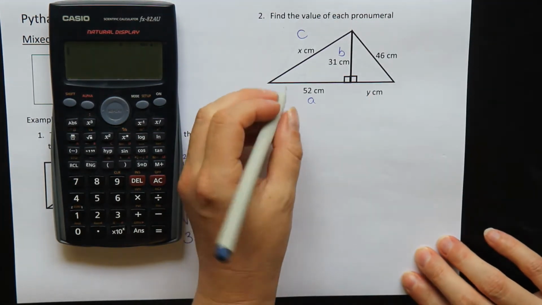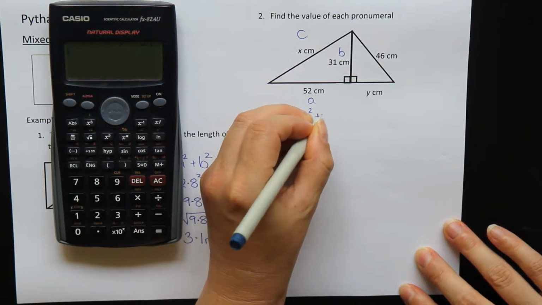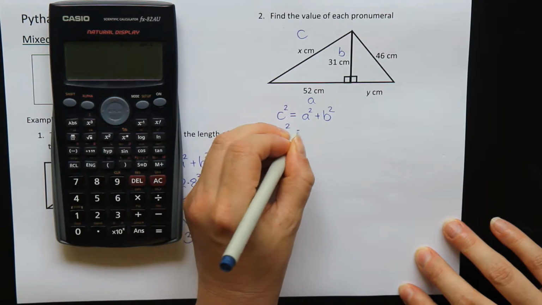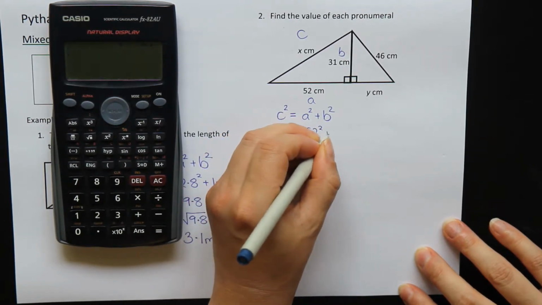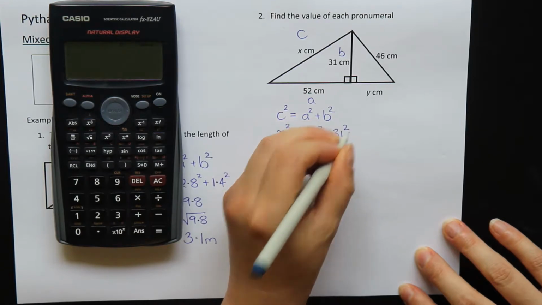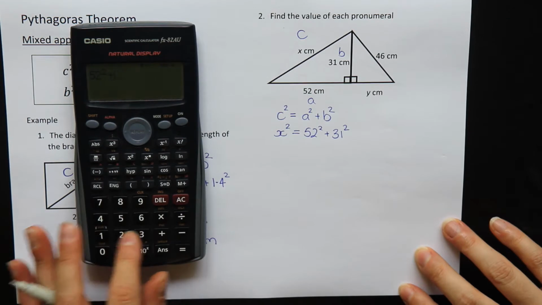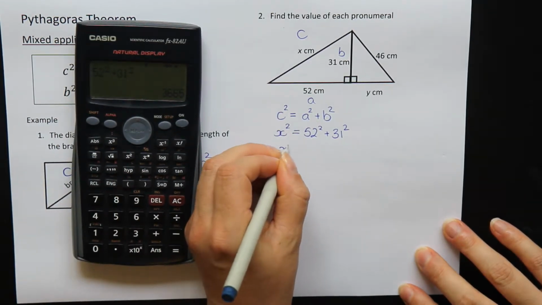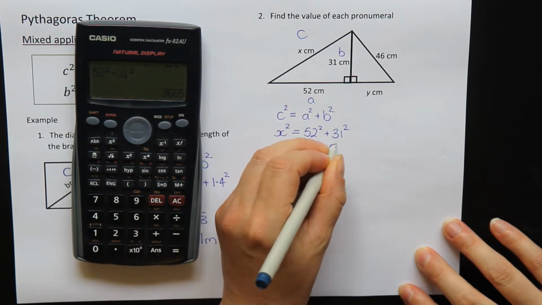Let's do that. I'm finding the hypotenuse, so I want c squared equals a squared plus b squared. c is the x, so x squared equals 52 squared plus 31 squared. Let's use the calculator. 52 squared plus 31 squared equals 3,665.